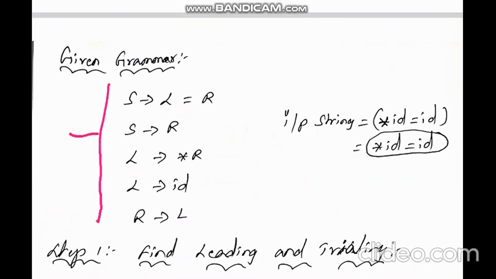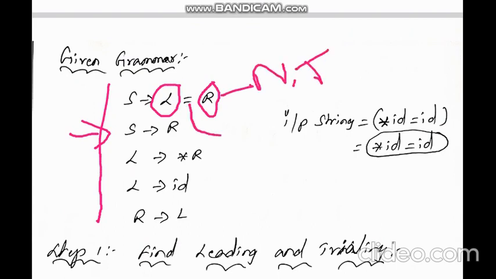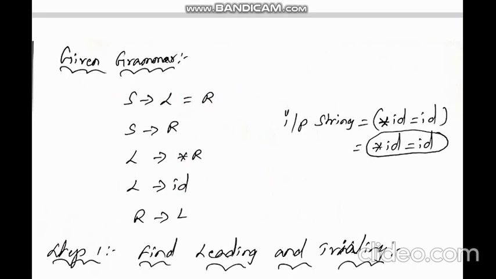Here you can find the given grammar as capital S tends to capital L equal to R. All these capital letters you can see are non-terminal terms. The equal sign, asterisk, and ID, these we can call terminal terms. I hope you understand how exactly you are able to differentiate a terminal and a non-terminal term. Let me take you to the next part.